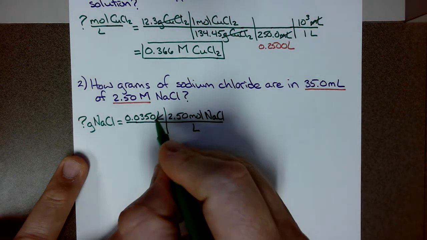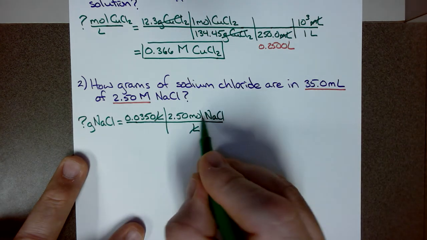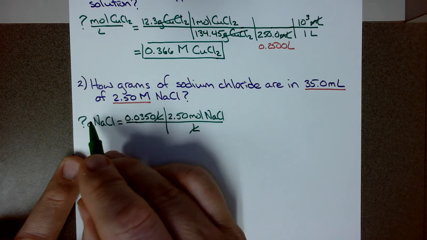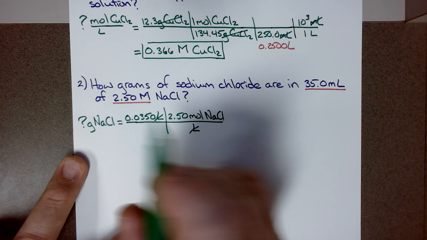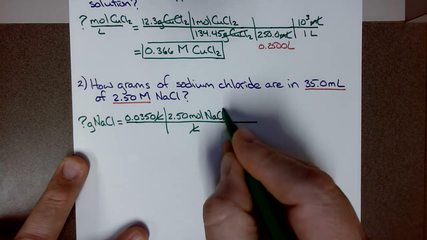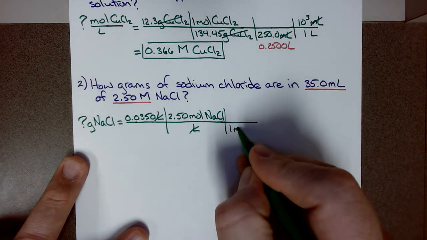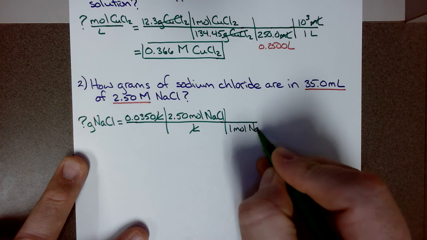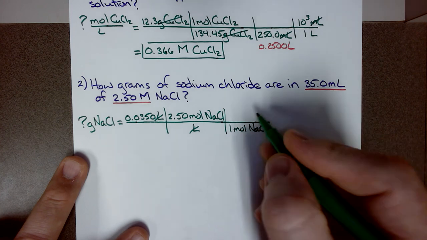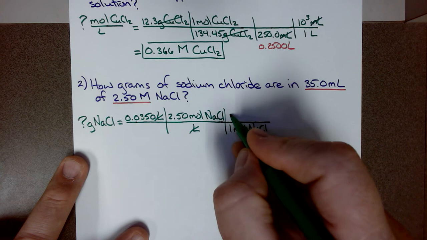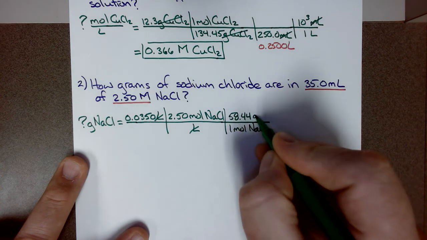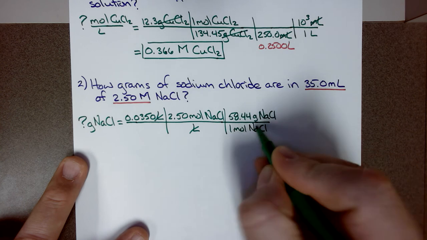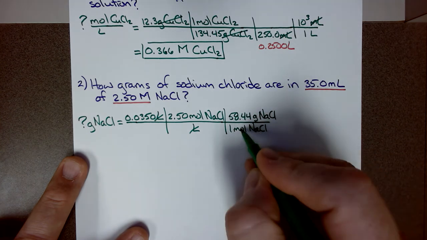So the liters cancel. I don't want moles of sodium chloride, I want the mass. So to go from moles to mass, I've got to use molar mass. In this case, 1 mole of sodium chloride has a mass of 58.44 grams of sodium chloride. That's molar mass, grams per mole.